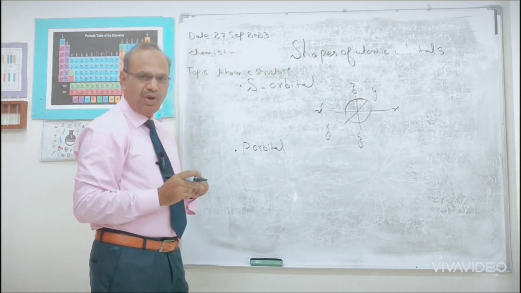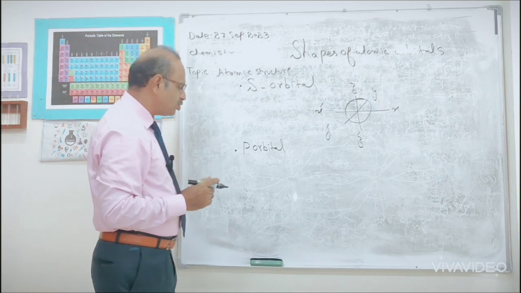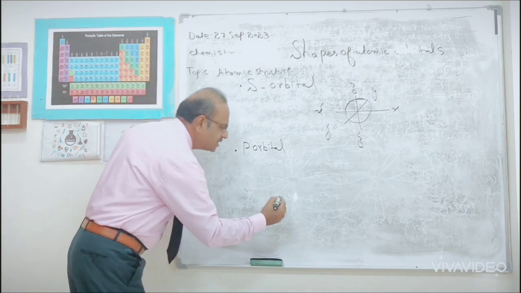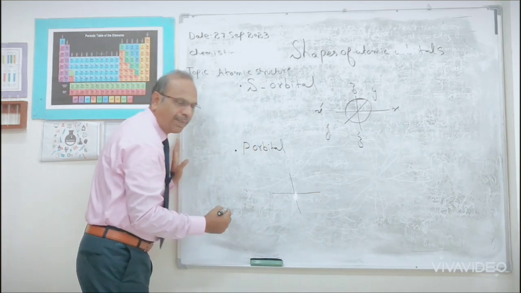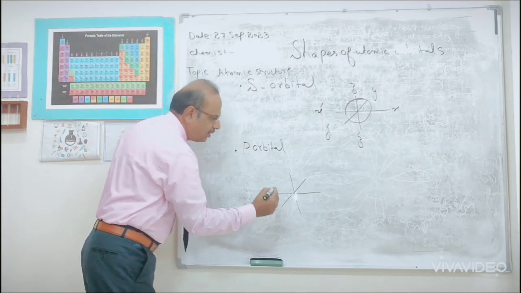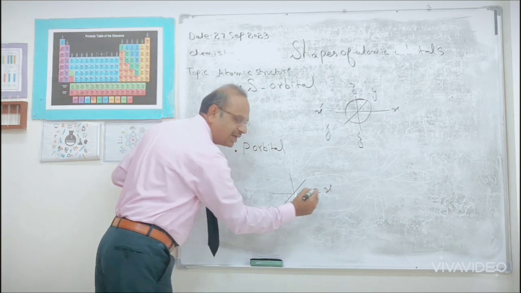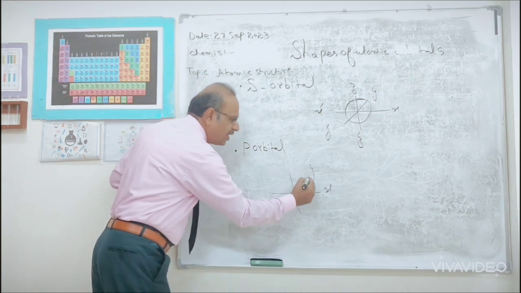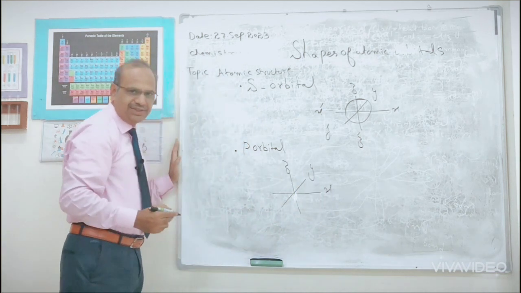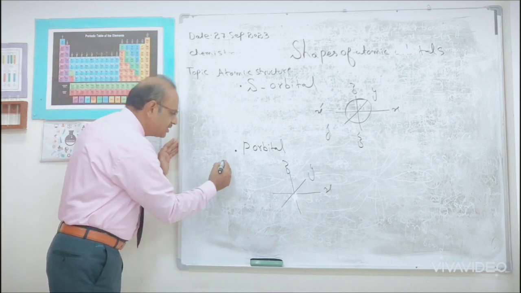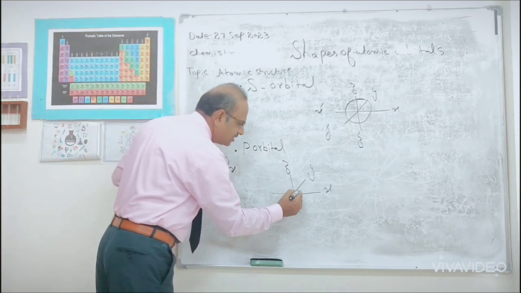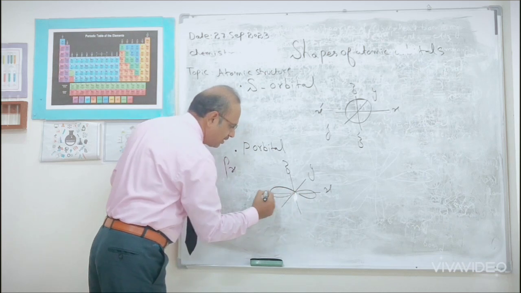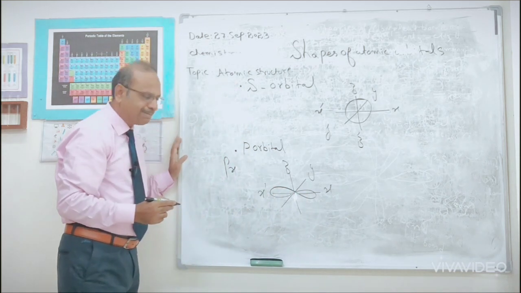As regards the p orbital, you draw the axes three times. Look here. It is the x-axis, y-axis, and z-axis, and px will be on the x-axis, correct?